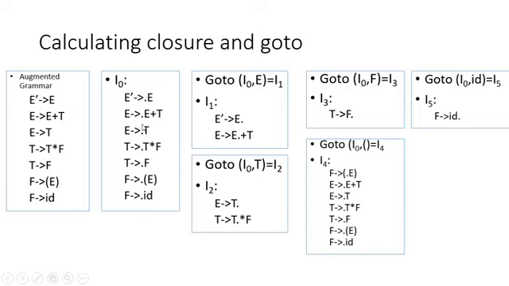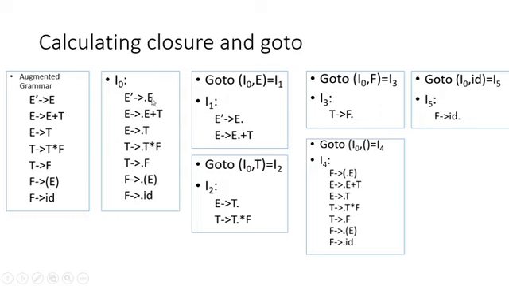Now we have to see the first line. Start with the first line: E dash derives dot E. This dot has to jump one step ahead. Now you notice E is a non-terminal. It is capital, so it's non-terminal. So we say it is a goto statement. Once we say it's a non-terminal, it is a goto statement.